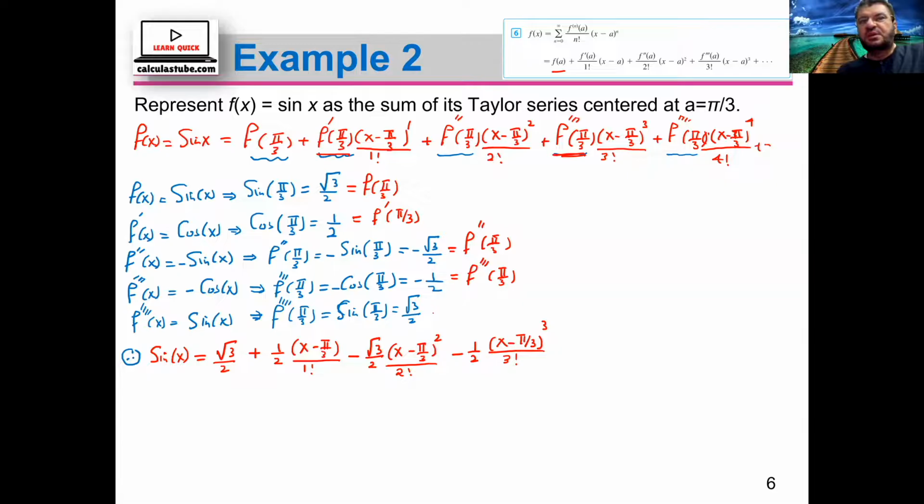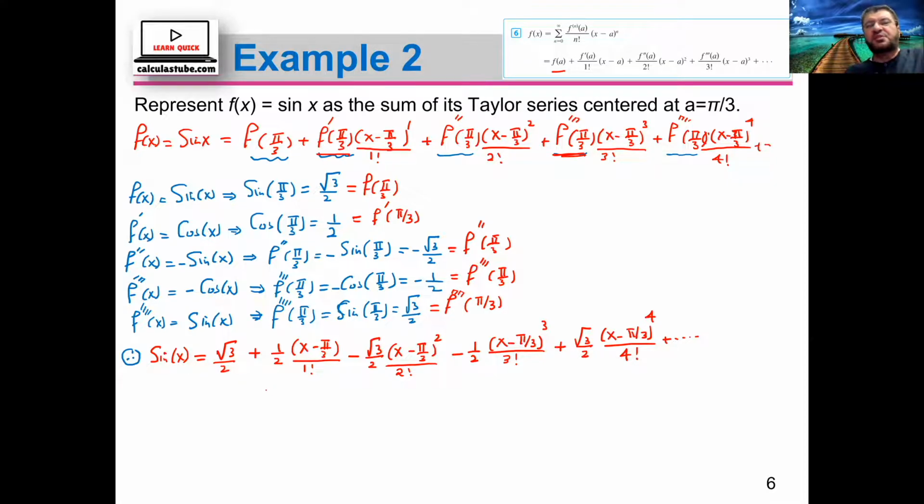The last one is the fourth derivative at pi over 3, and it's positive, so it's plus square root of 3 over 2 times x minus pi over 3 to the power 4 over 4 factorial, and we proceed. It continues to infinity.